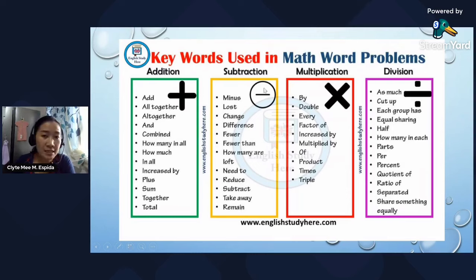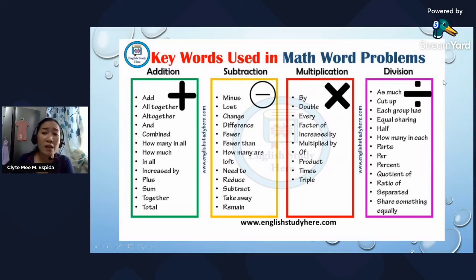So we mean subtraction. For multiplication, we have the words by, double or twice, every, factor of, increased by, multiplied by, of, very common po yung of, product, times, triple, or thrice. Thrice 2, meaning 3 times 2.